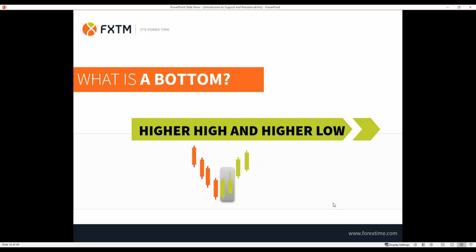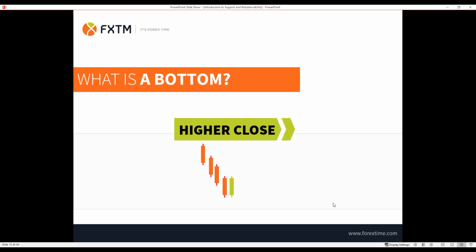Let's go on. Third definition is higher close. We don't really care about the low here, as long as the close is above the previous close, then we are in business, and this low here is going to be our bottom.